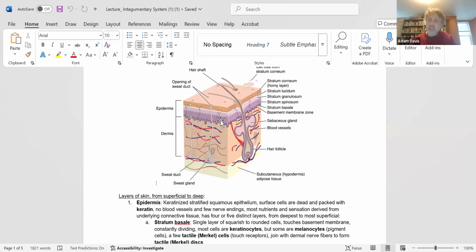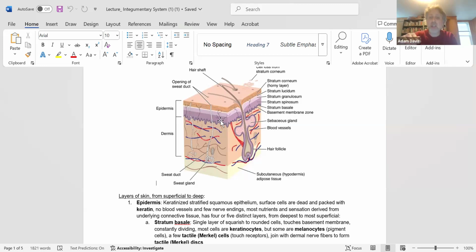They become less rounded or squarish, and they begin to flatten out. They gradually become more squamous. And in this layer, they begin developing spiky projections called desmosomes that bind them to other cells around them. Hence why we call this the stratum spinosum, because this layer is full of cells that look spiny.